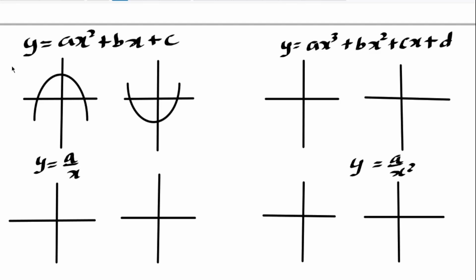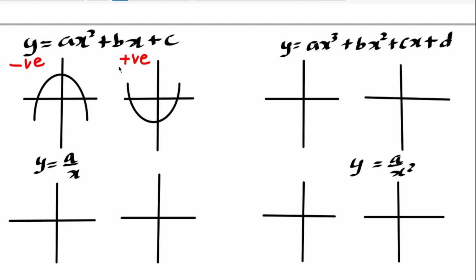So when the value of a, which is the number in front of x squared, is negative, we are getting this sad face. Can you see this mouth is sad one, merely crying. When the a is positive, we are getting happy face. Can you see the face is happy? So that's all about the shape of the quadratic.